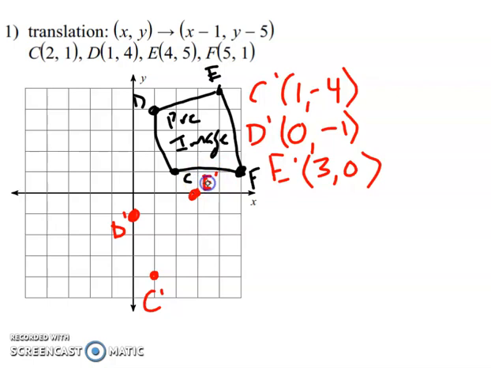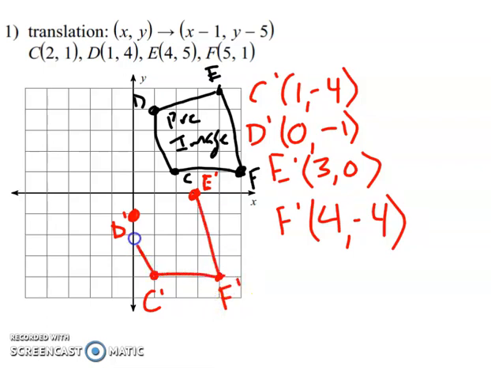That's E prime. And then we have F prime. Starting with 5 minus 1 is 4. 1 minus 5 is negative 4. So we graph 4 comma negative 4. And this is our image.